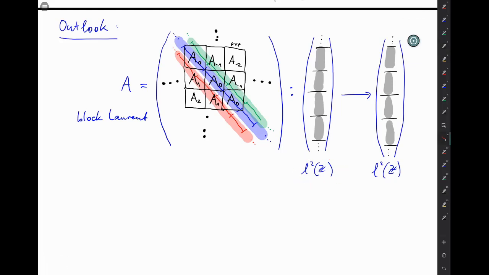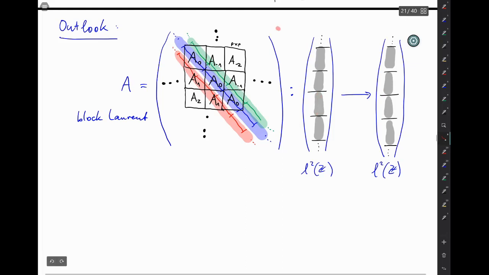So what you have to do is now identify these vector valued little L2 spaces with capital L2 spaces over the unit circle, and they will also be vector valued with vectors of this size.